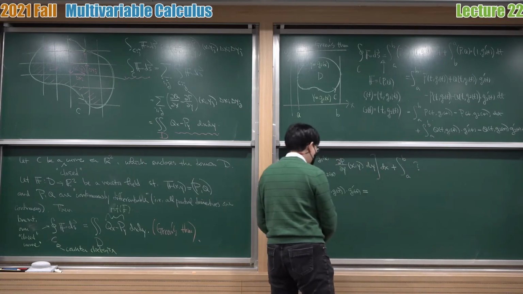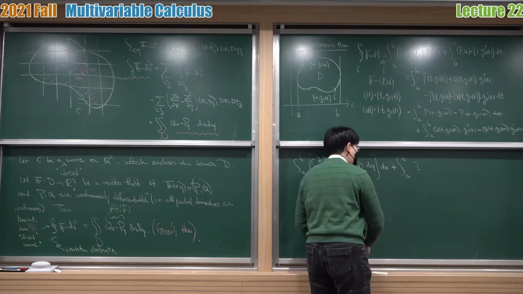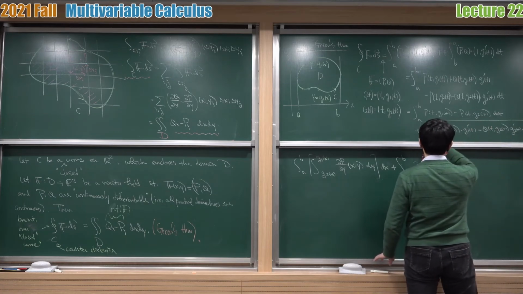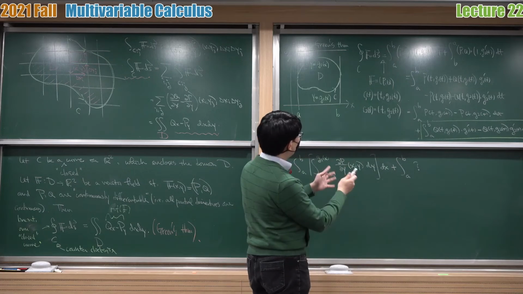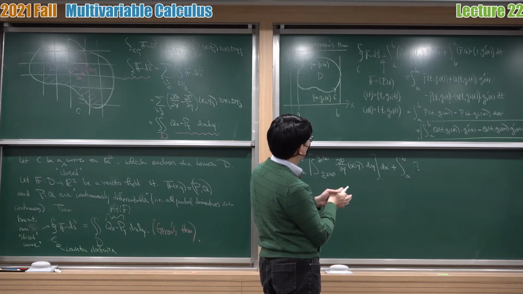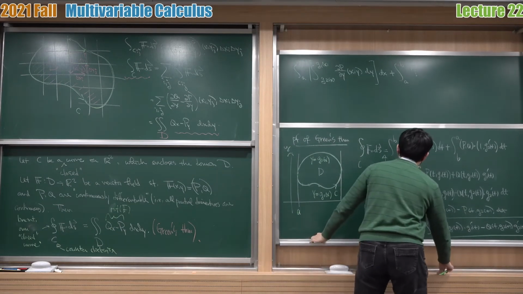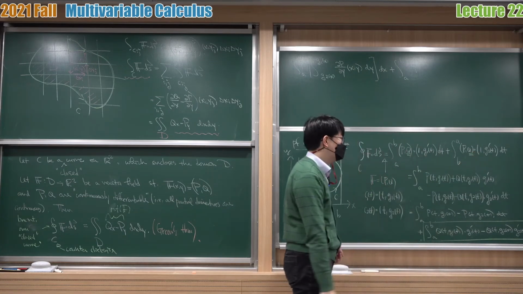But let's think about these two situations for these parts in a separate way. So where did it come from? It came from these Q's, right? These two parts, okay?